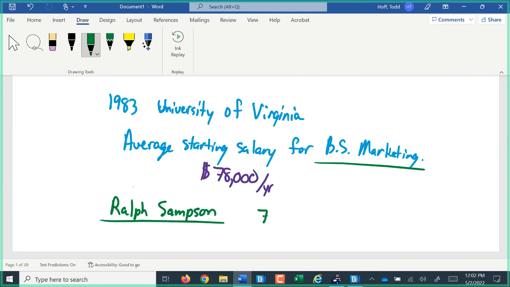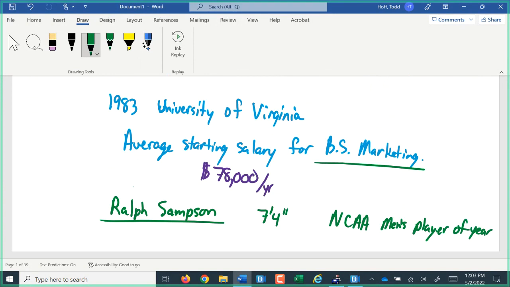Mr. Sampson was 7 feet 4 inches tall, played on the University of Virginia basketball team. In fact, he had been voted NCAA Men's Basketball Player of the Year. Twice, actually, both junior and senior year. Voted the best player in men's college basketball.